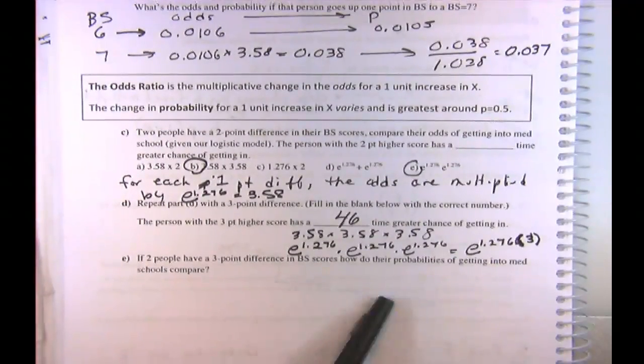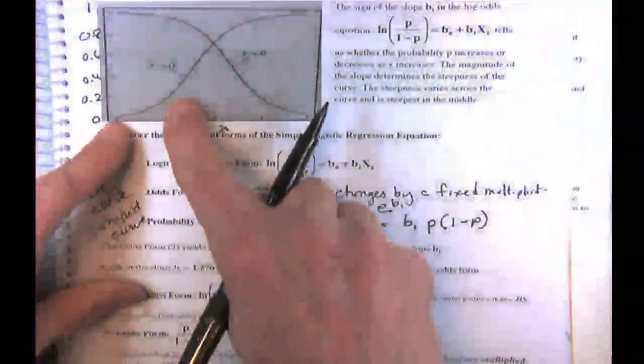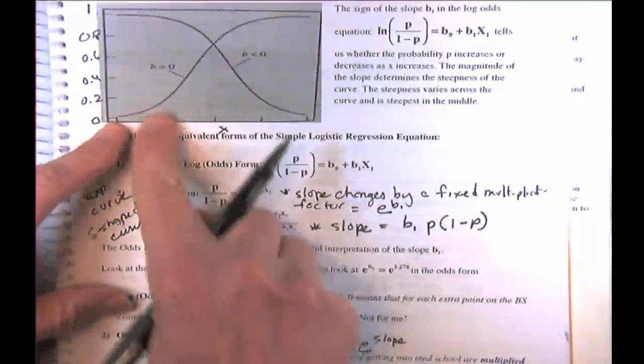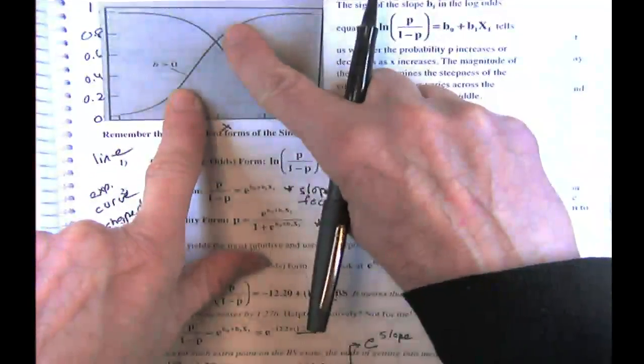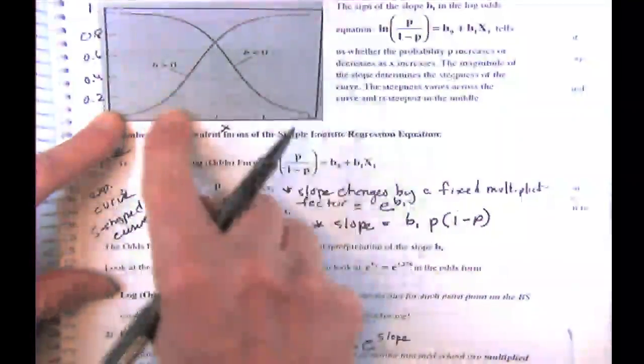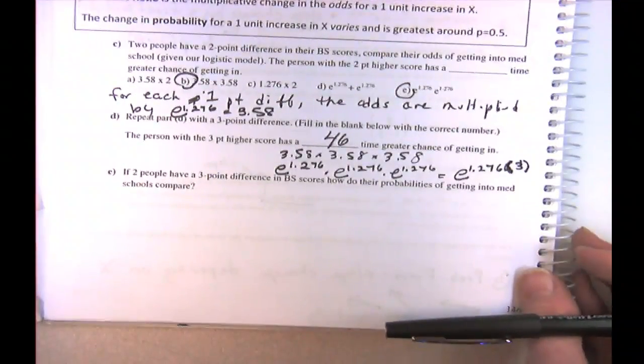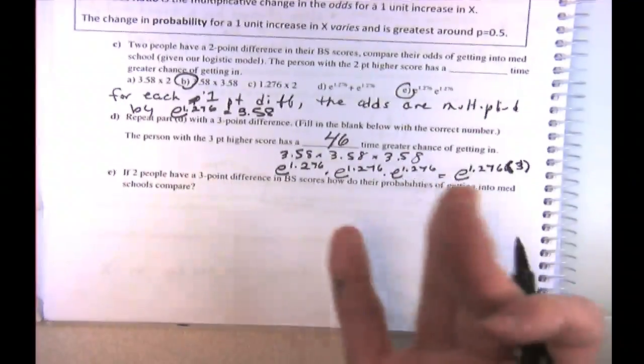Now, if 2 people have a 3-point difference, how do their probabilities of getting into med school compare? Well, we have no idea. Let's look at it. If that 3-point difference happens here, it's not much. Or here. But if the 3-point difference happens here, their probabilities are going to be very different. It just depends on where they occur. That's why people talk about the odds ratio, because you can talk about the increase in odds, but the change in probability depends on what the x value is. So you don't have enough information.